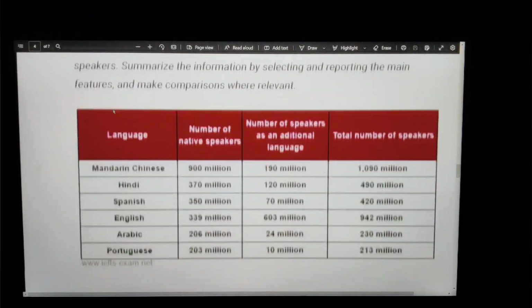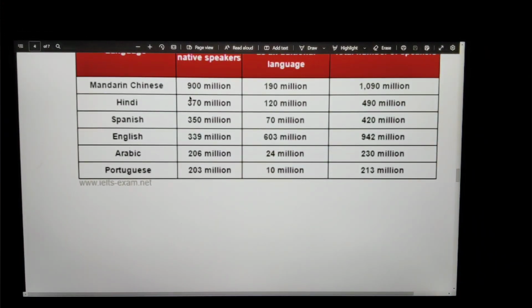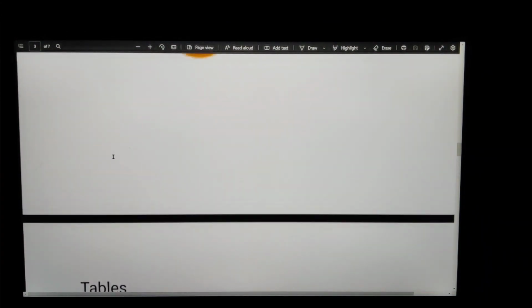In a table type of question, there are 6 languages. We'll cover the first 3 and highlight the main features: Mandarin Chinese, Hindi and Spanish in the third paragraph, and the rest 3 in the fourth paragraph, highlighting the main features.